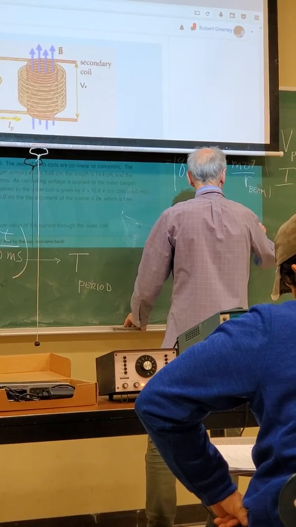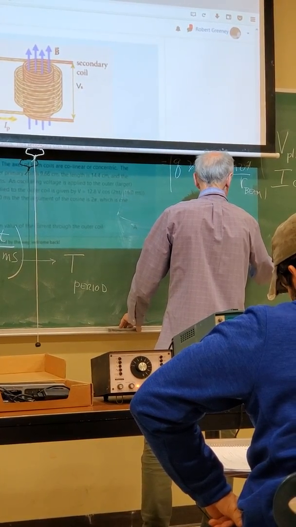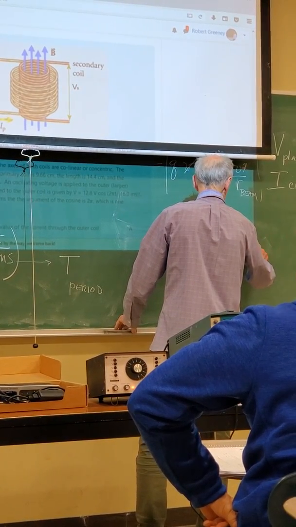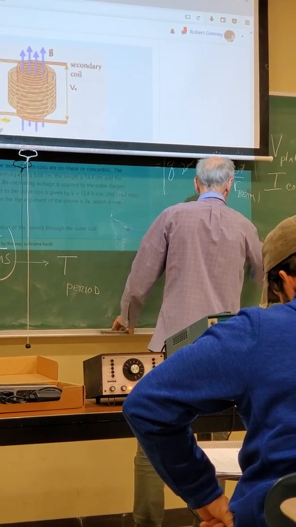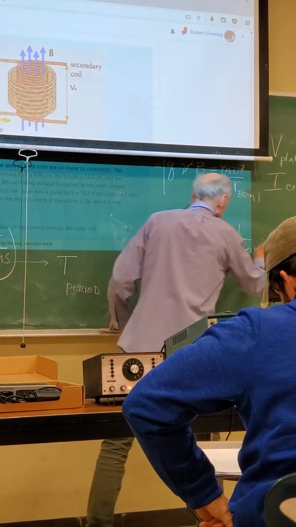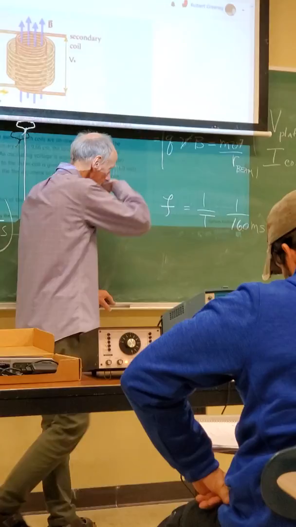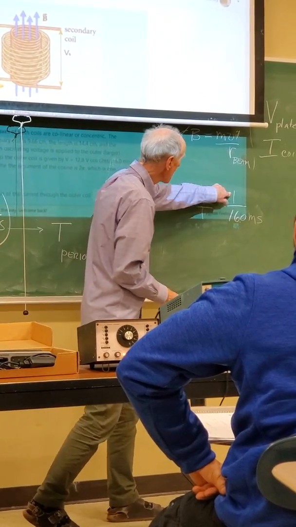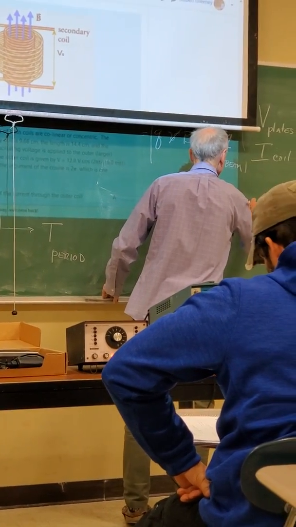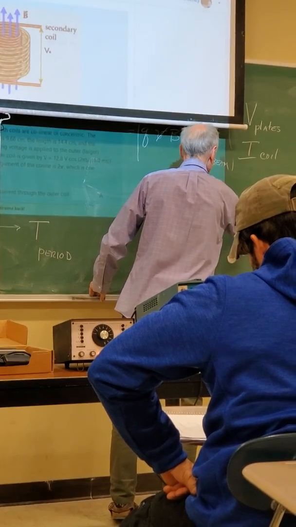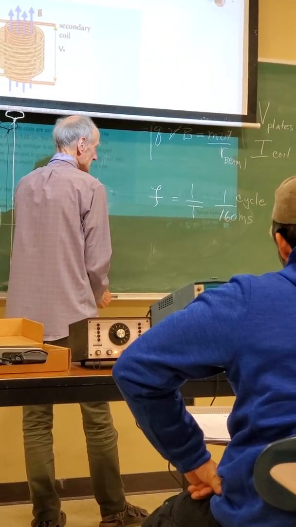So if you take 1 over 16 milliseconds, it means you get 1 cycle every 16 milliseconds.